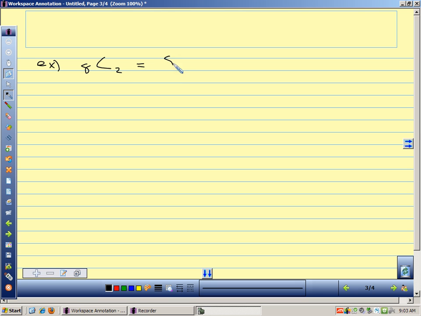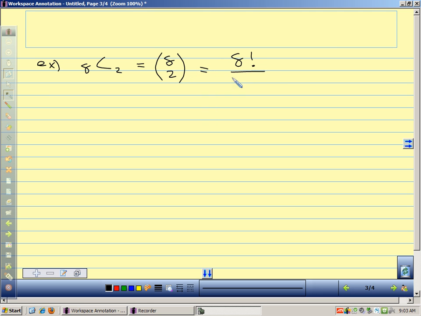8C2, and the way we would calculate that is 8 factorial over 2 factorial times 6 factorial. And if you calculate that out, you get 28. You can do that any way that we want.